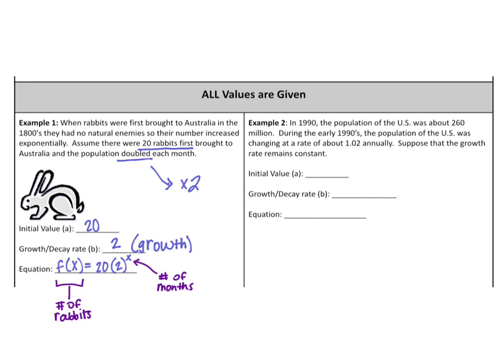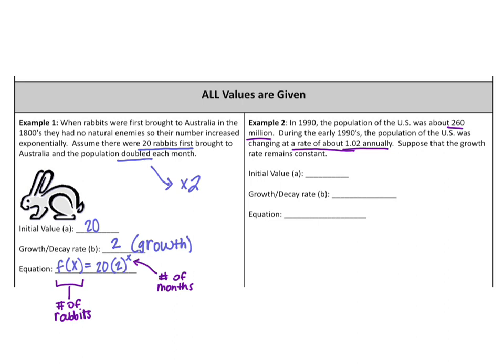In example number 2, it says in 1990, the population of the U.S. was about 260 million. During the early 1990s, the population of the U.S. was changing at a rate of about 1.02 annually. Suppose that growth remains constant.